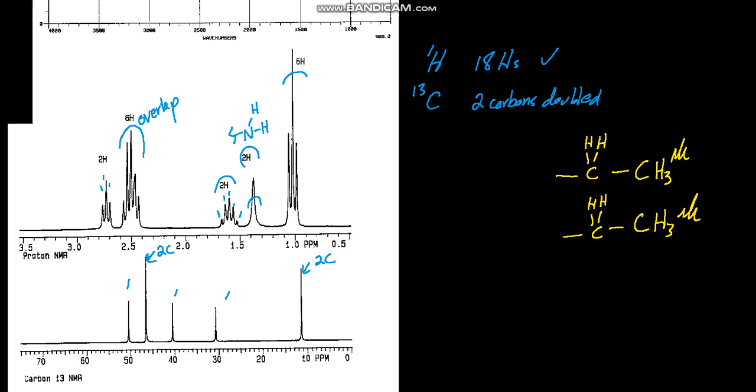These can't be triplets. At the minimum, they have to be quartets, right? Because you get a signal for the 2 hydrogens here, split 3 more times, that's a quartet. There are no quartets, at least unless it's buried here. Okay, but maybe that's the case.